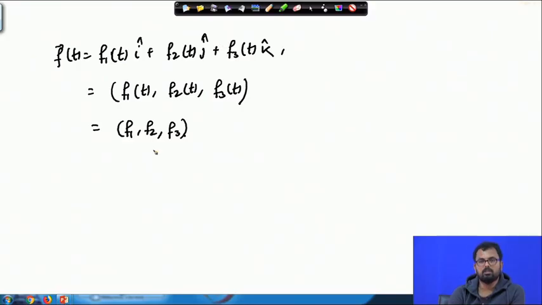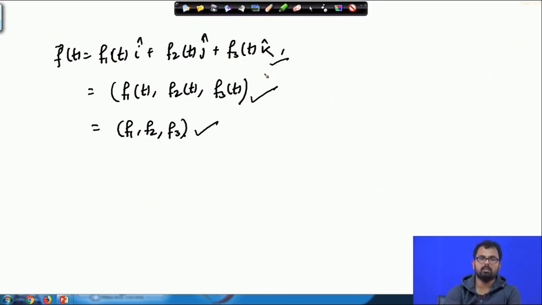All these are equivalent ways to write this vector function. It is up to you; in several books you may find the first notation, the second notation, or the third notation. There can be other notations as well.